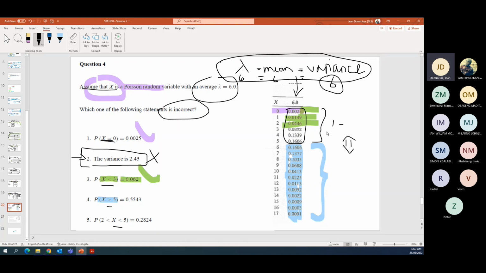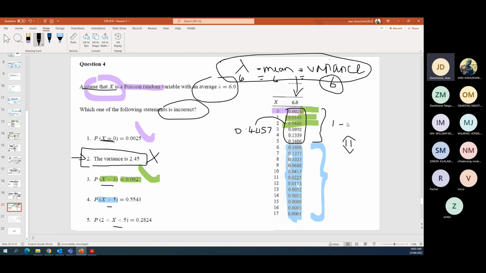So basically 0.0025 plus the next one plus the next one plus 0.0892 plus 0.1339 plus 0.1606. For that I get 0.4457.